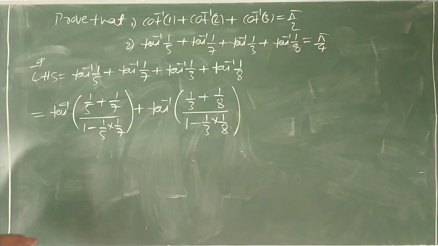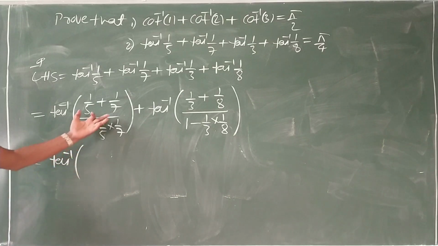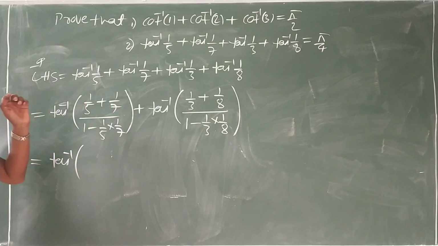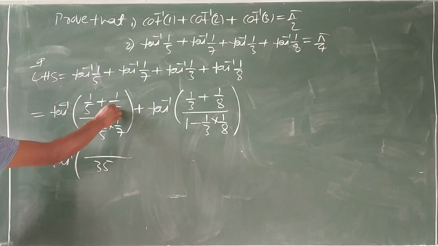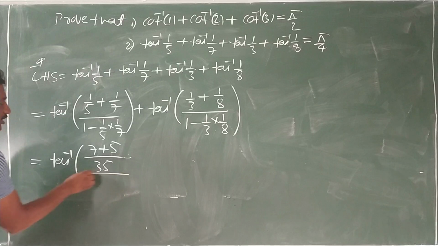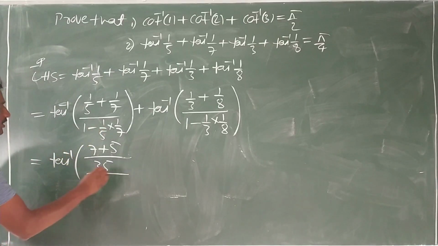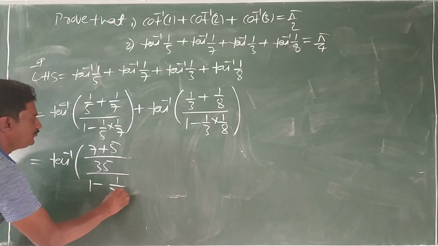Simplify both, students. So tan inverse, what is the LCM of these two? 7 5s are 35. 35, cross multiply: 7 1s are 7 plus 5 1s are 5. Come down, 1 minus 1 1s are 1. 7 5s are 35.